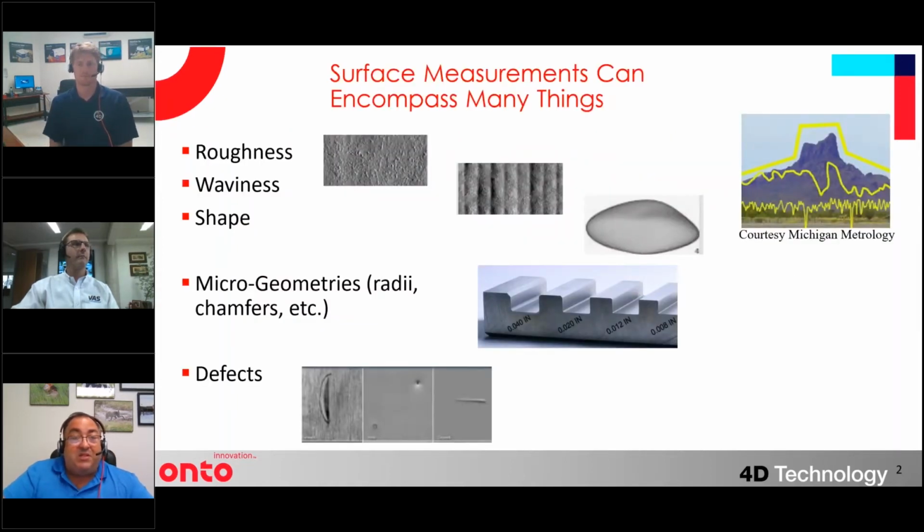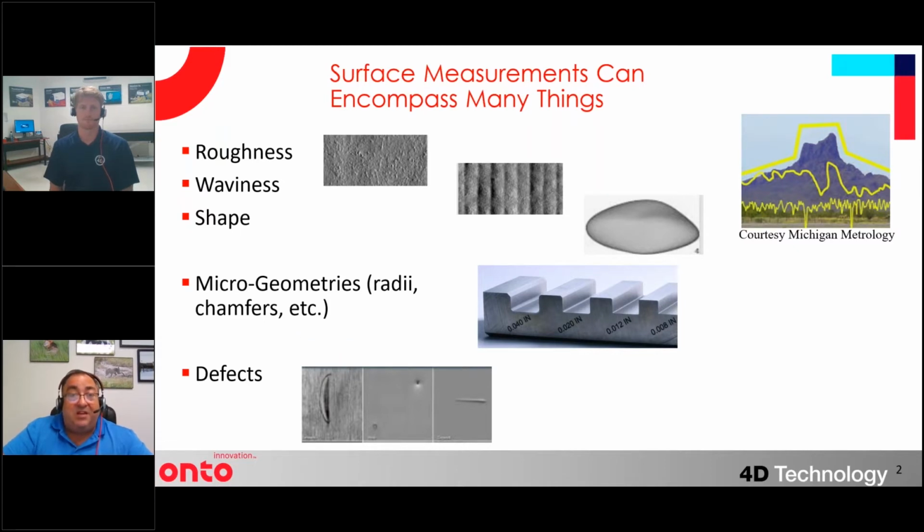So surface measurements can mean many things to different people. They can be roughness, waviness, or shape, depending on what someone is interested in. Other people, when they talk about surface measurements, are thinking about geometries, and small geometries like radii and chamfers can be extremely important.